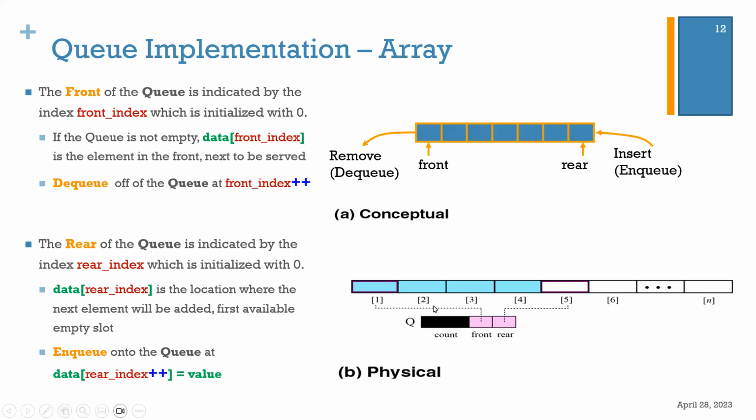If we try to insert a new element, we'll insert at rear, so we'll use the rear index and then increment the rear index with NQ. And if we try to remove an element, we remove from front, so we'll increment the front index by 1, and so on. This will move with DQ, and the rear will move with NQ, and so on for each one. What is the problem here?